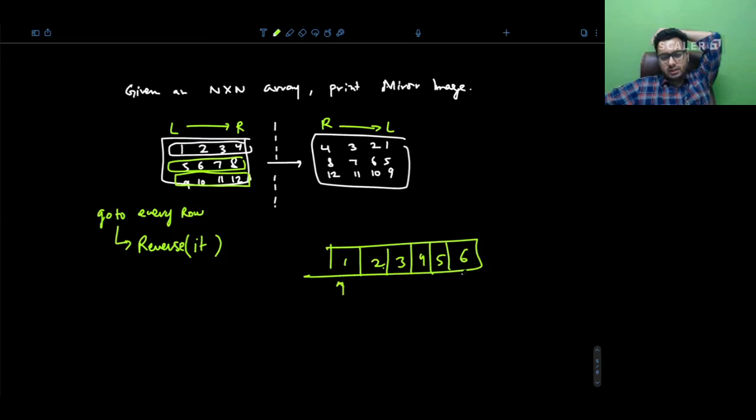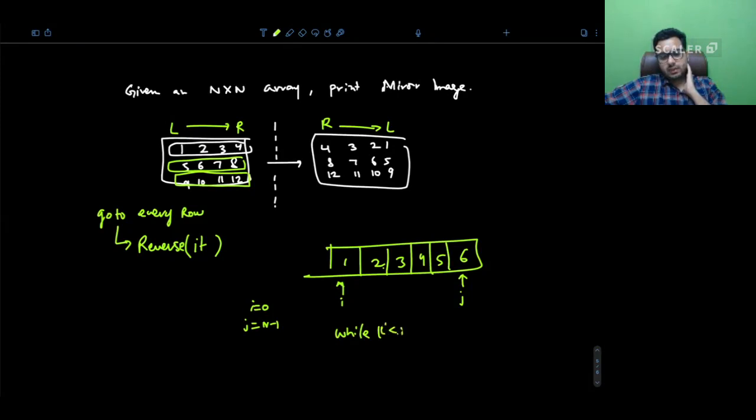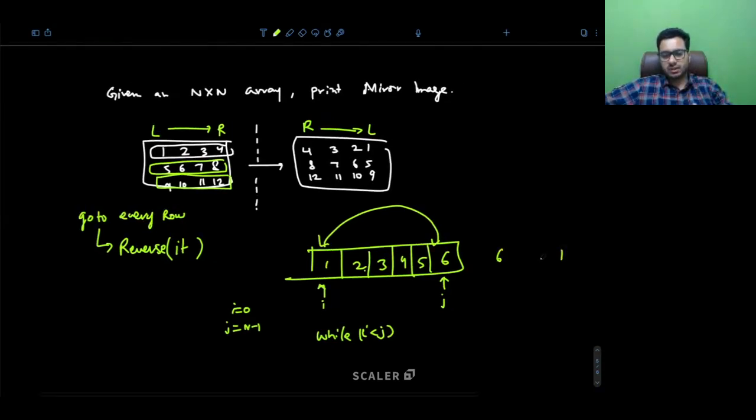Absolutely correct. So you keep a variable i here, a j here. You say, okay, in the beginning i is 0, j is at n minus 1, and while i is less than j, I will swap these two. So 6 comes here, 1 comes here.